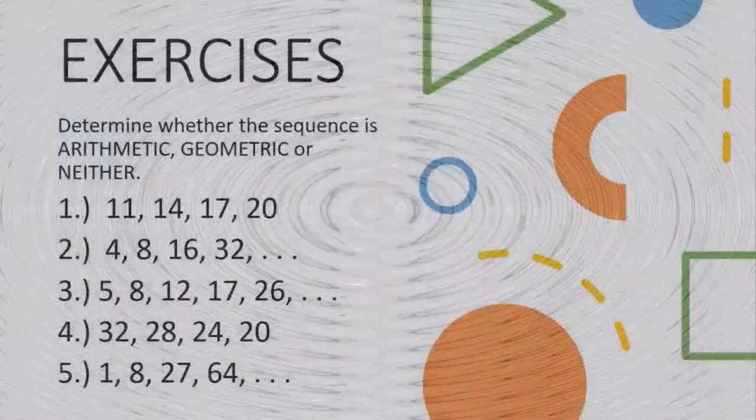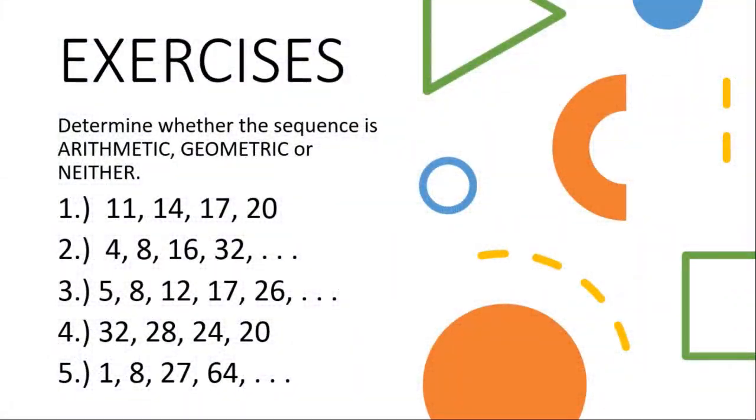Let's now try answering the following exercises. Determine whether the sequence is arithmetic, geometric, or neither. Remember, a sequence is said to be arithmetic if the sequence has a common difference, while a sequence is said to be geometric when the sequence has a common ratio.